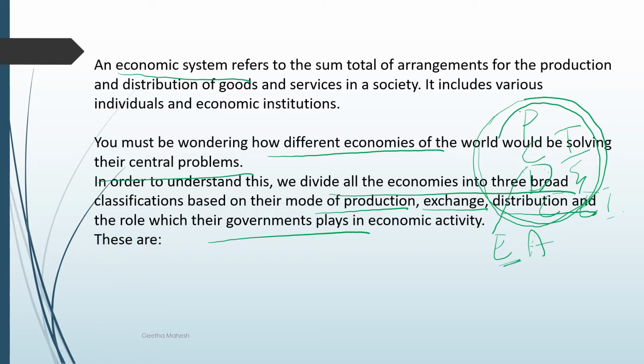Let us see these three different systems of an economy. First one is capitalistic economy, which is also known as market economy; socialistic economy, known as command economy or centrally planned economy; the third one is mixed economy.